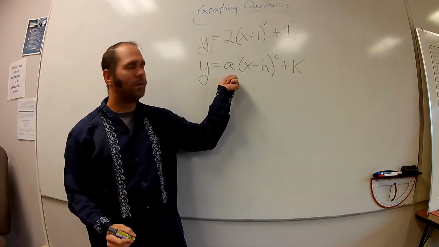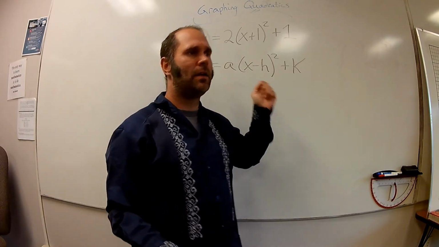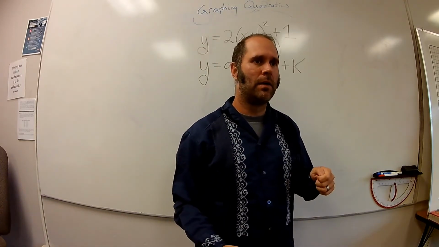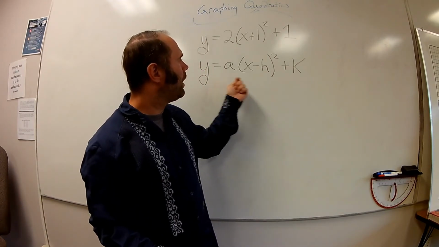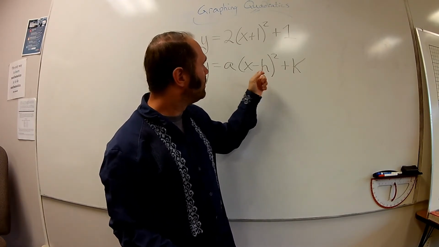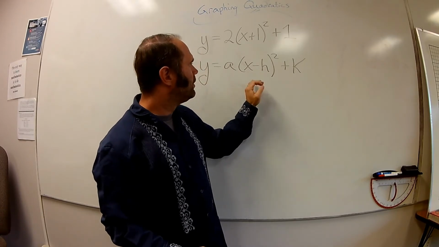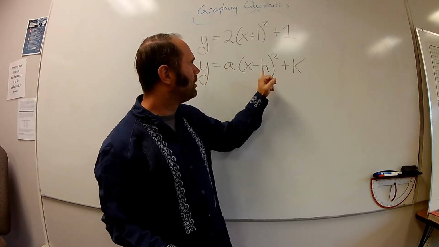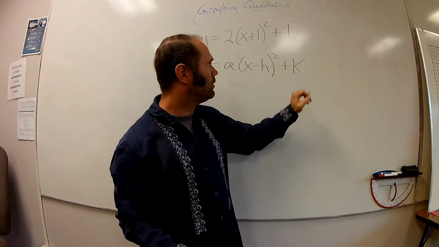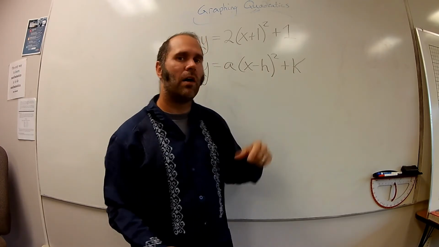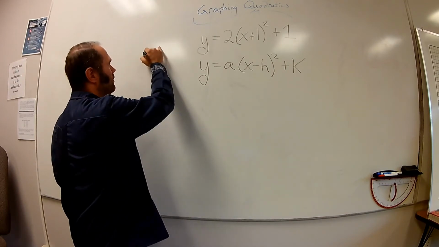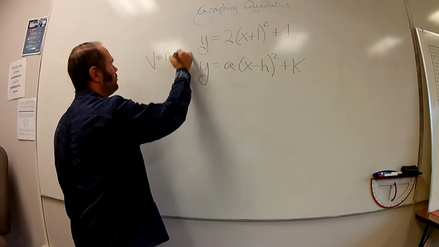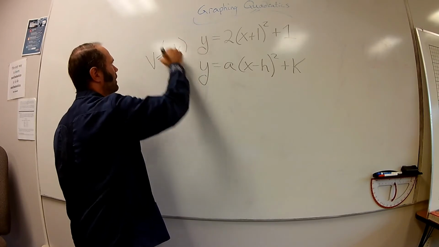This a is the same a in the form ax squared plus bx plus c. However, there's no b and c because it's been changed. So h is the x value and k is the y value of the vertex. So that's why it's called vertex form, because the vertex is h comma k.